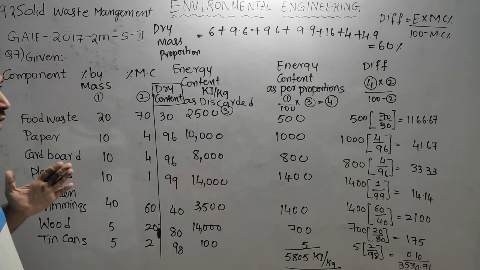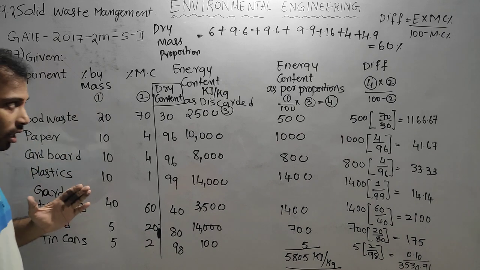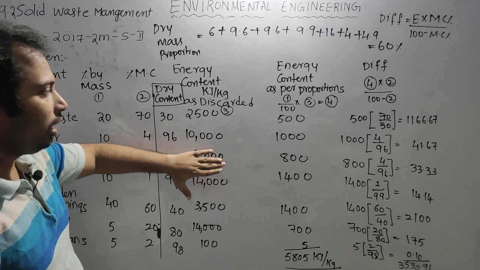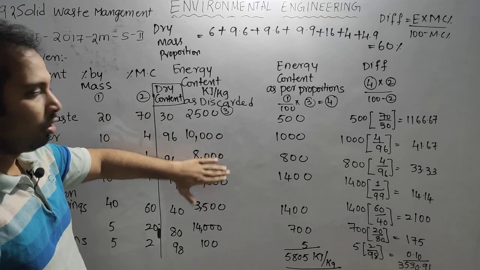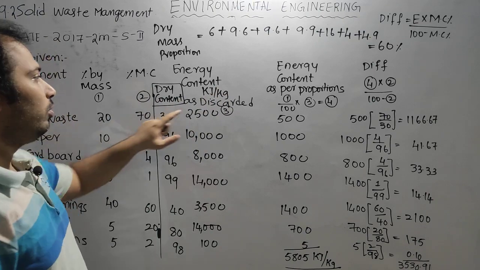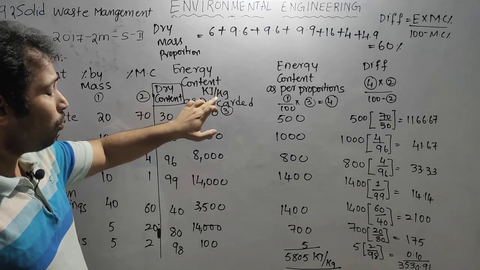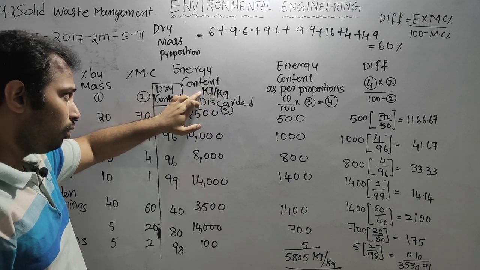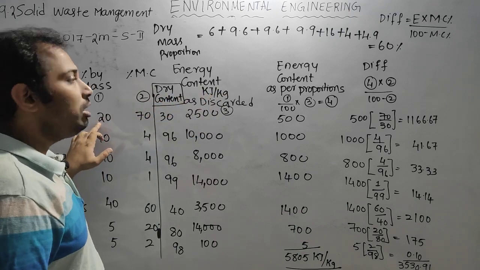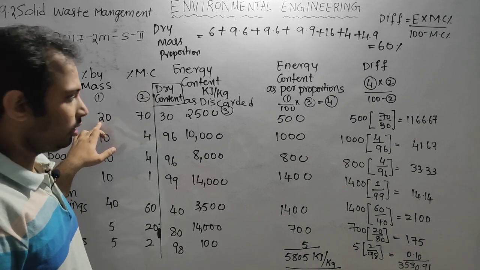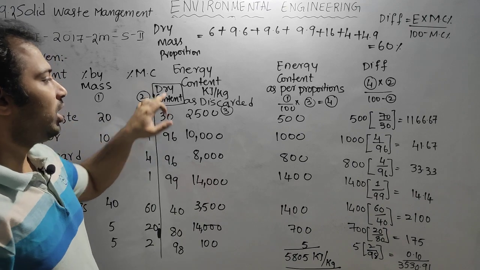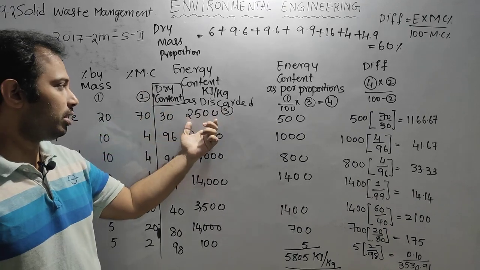Clearly understand what I am doing here. This is the energy given for 100 kg of combustion. If you are burning 1 kg of this material, this much kilojoule will come. But here it is not 1 kg, only 20% of 1 kg is present. So the energy content is 20% of this.